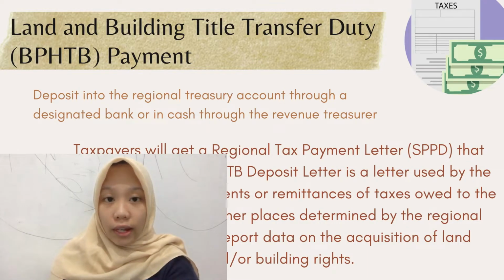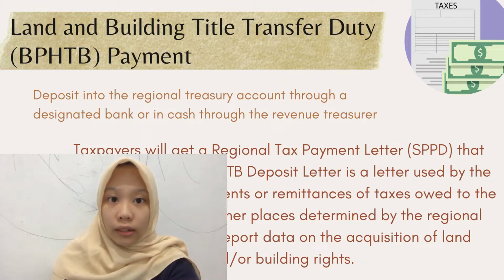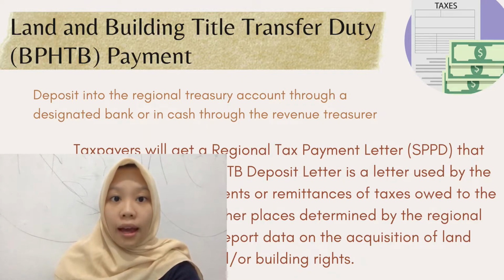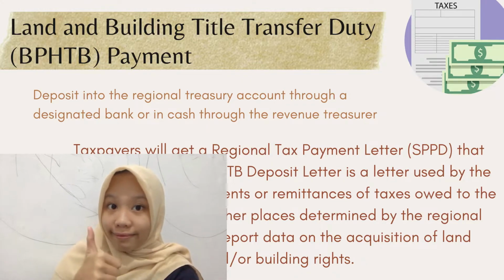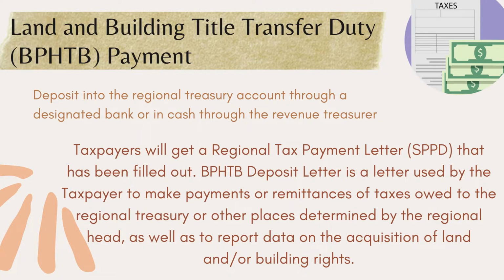Okay, it's my turn to explain about payment and recording of land and building title transfer duty, or BPHTB. Please listen carefully. The BPHTB payment is deposited into the regional treasury account through a designated bank or in cash through the revenue treasurer.